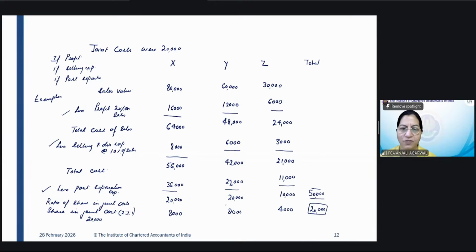And then 2:2:1 becomes your ratio, 20,000, 20,000 and 10,000. So you will divide the joint cost of 20,000 in the ratio of 2:2:1. So the share in joint cost for product X, Y, and Z becomes 8,000, 8,000, and 4,000.